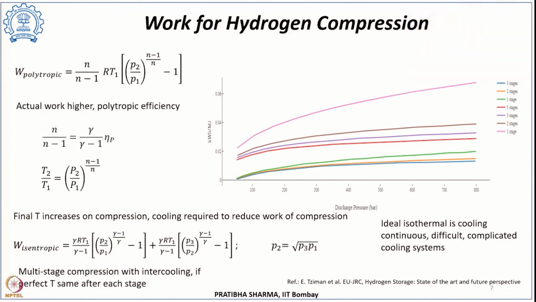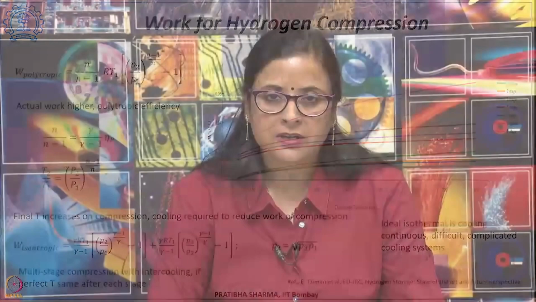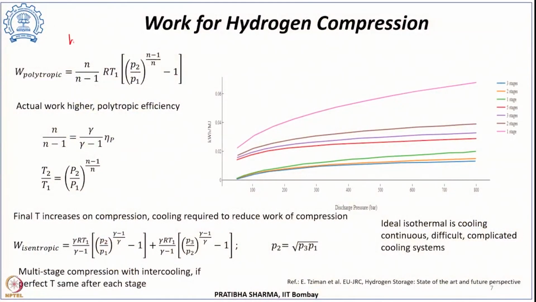Now, as mentioned, some researchers consider the compression process to be a polytropic process. So, if we consider the process to be a polytropic process, then PV to the power n is equal to constant, and that n is the polytropic index.